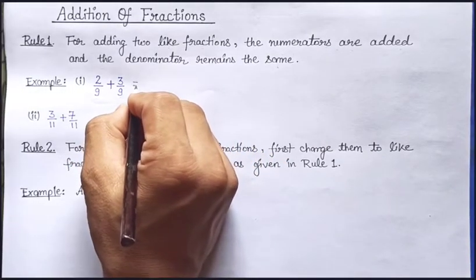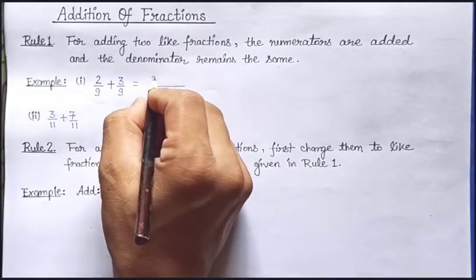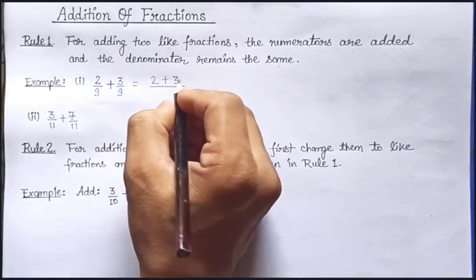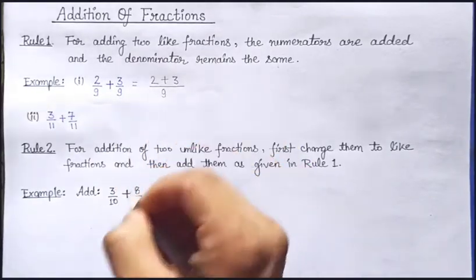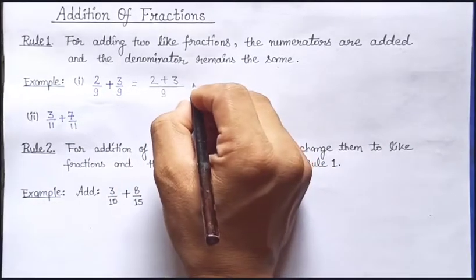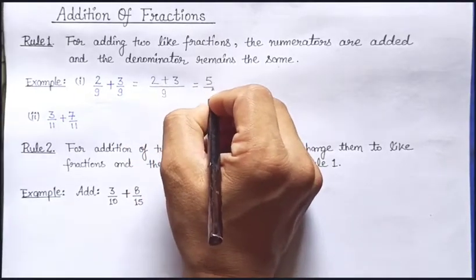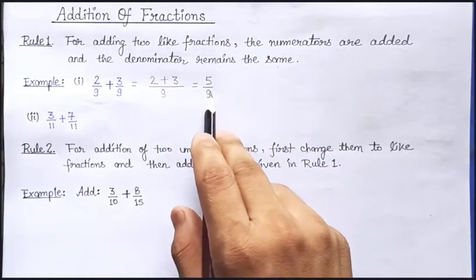In the numerator we write the addition of numerators, that is 2 plus 3, and in the denominator we put the same denominator 9. 2 plus 3 comes out to be 5 and in the denominator we have 9. So our result is 5 by 9.